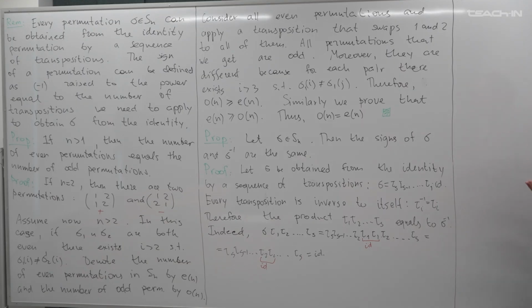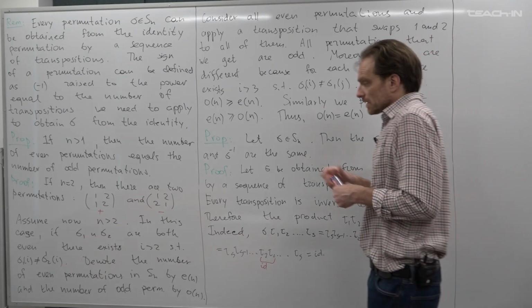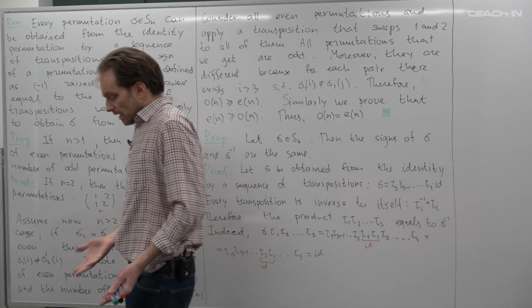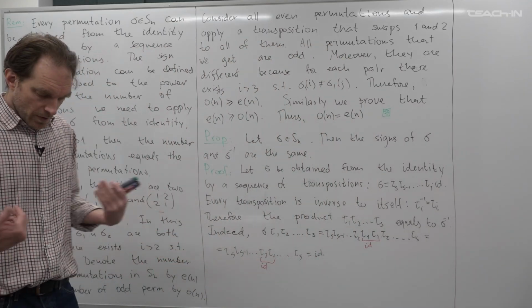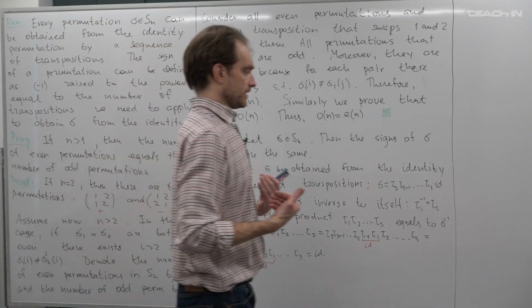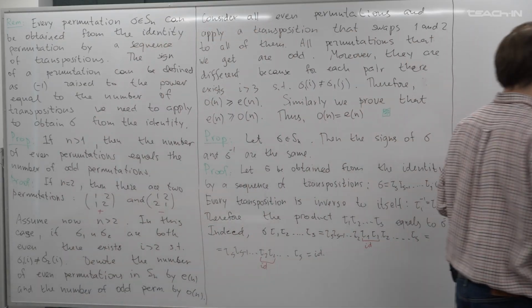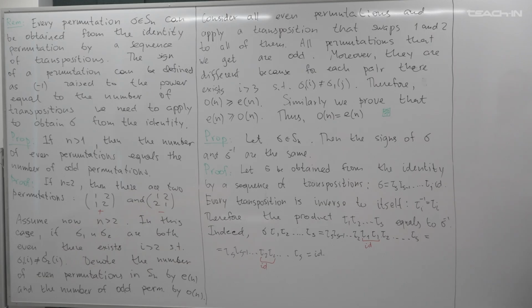Of course I did not prove this rigorously, but it follows from the fact that the inverse mapping is uniquely defined. A transposition is a mapping, so it follows from the corresponding fact about mappings.